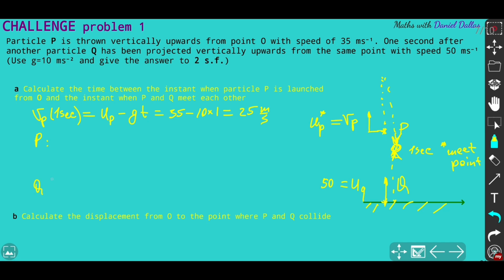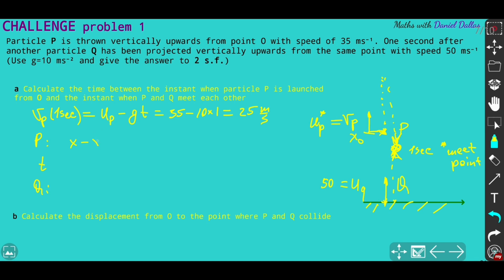Now, travel time is going to be the same, because 1 second has passed and at this time the second particle has been launched. So travel time is going to be t, and we apply the same formula for the x coordinates. However, hold on, because here it is going to be displacement from this point up to the median point. The initial coordinate for particle P is some point x0 that we also need to calculate, because displacement is final minus initial.